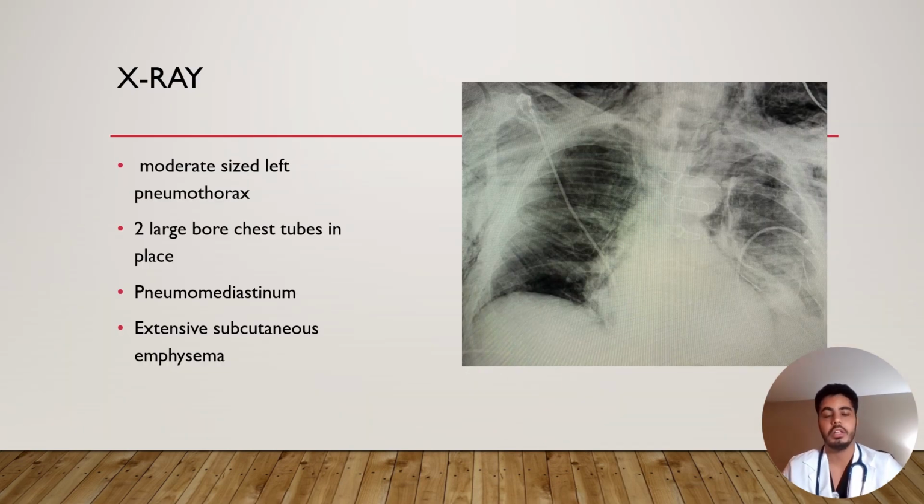If you can see the X-ray, you're gonna read it here, and you can also see, guys, the left pneumothorax, 2 large-bore chest tubes in place, and the extensive subcutaneous emphysema.